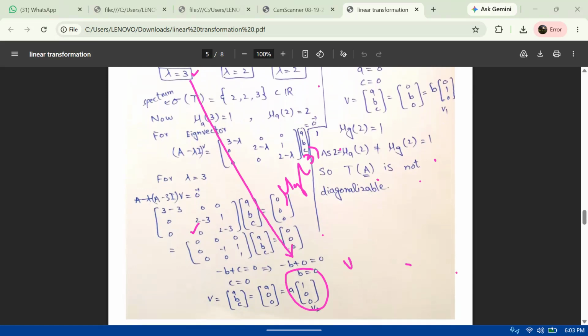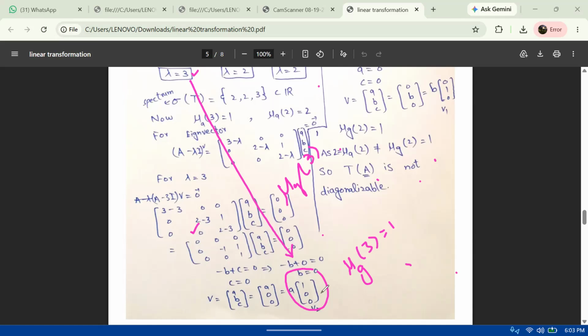So you can say that the geometric multiplicity of 3 is 1. It means that for any particular eigenvalue, how many eigenvectors you got. For lambda equal to 3, you got only one eigenvector, v1. So its geometric multiplicity is 1.